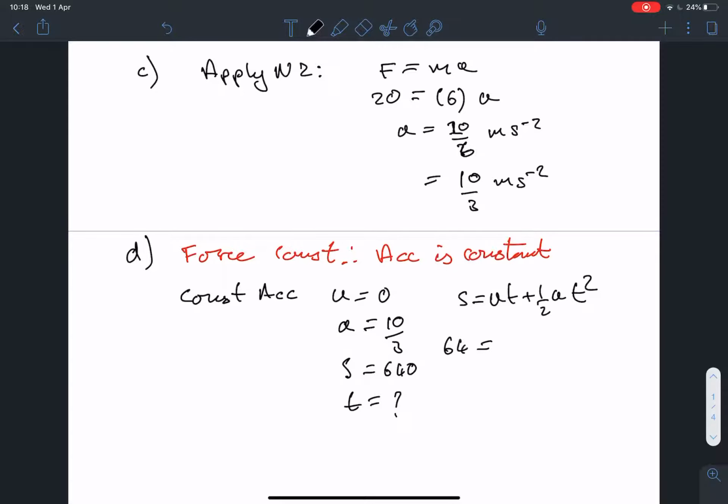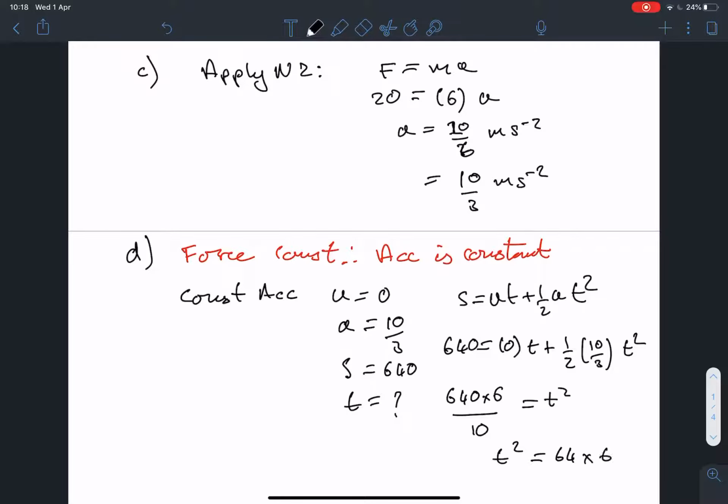So 640, U is 0, times T, plus a half, A is 10 over 3, T squared. So we get 640 times 6 over 10 equals T squared. So T squared equals 64 times 6.